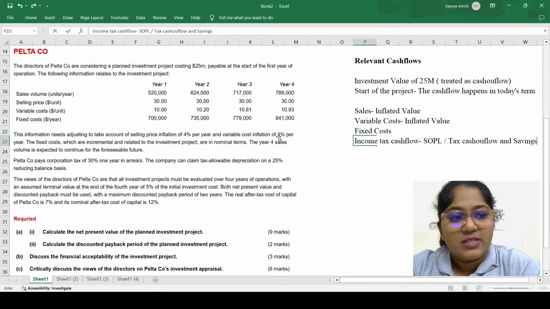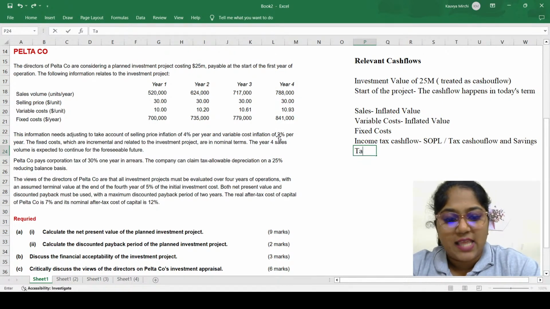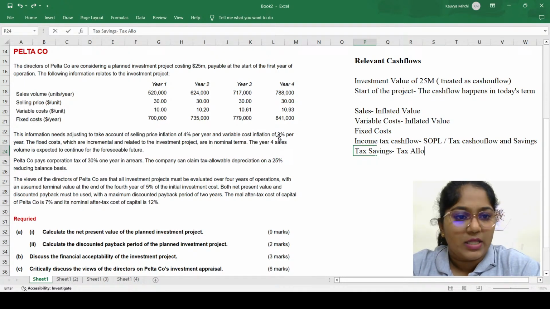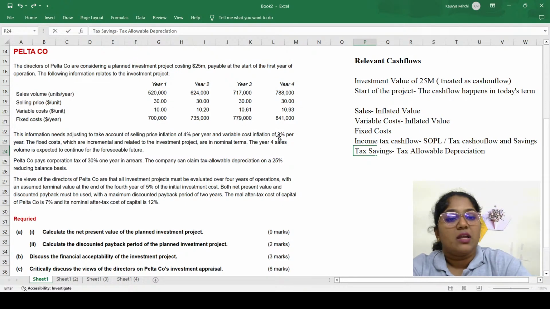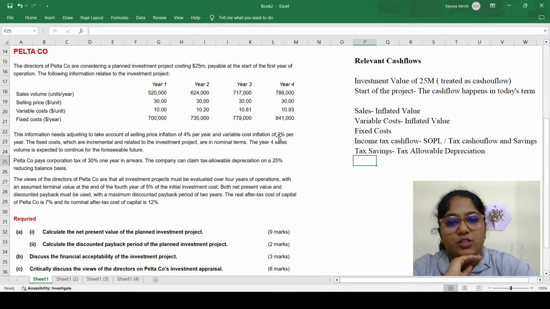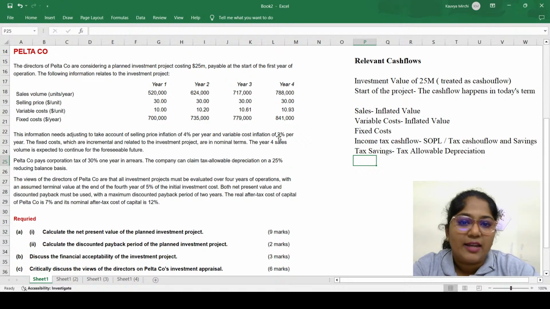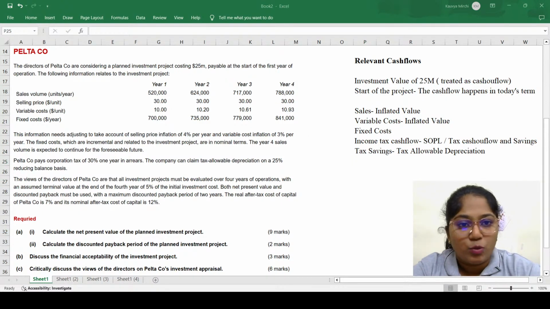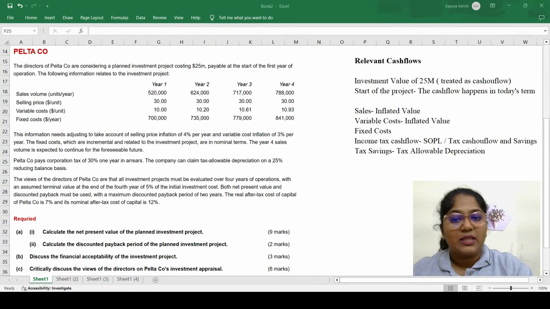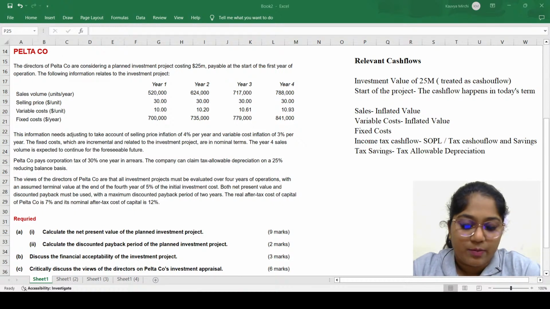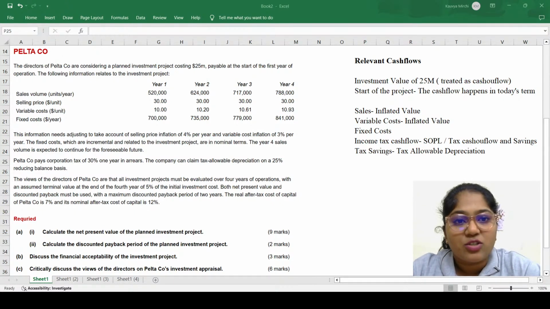Both I should know. Tax savings happen because of tax allowable depreciation. Correct. Apart from this, is there anything else? I don't think so. Working capital would be given in this question. Maybe I'll bring that in the next NPV question we solve, people. See, these are all I have. I know I have to prepare all the working notes from the beginning.